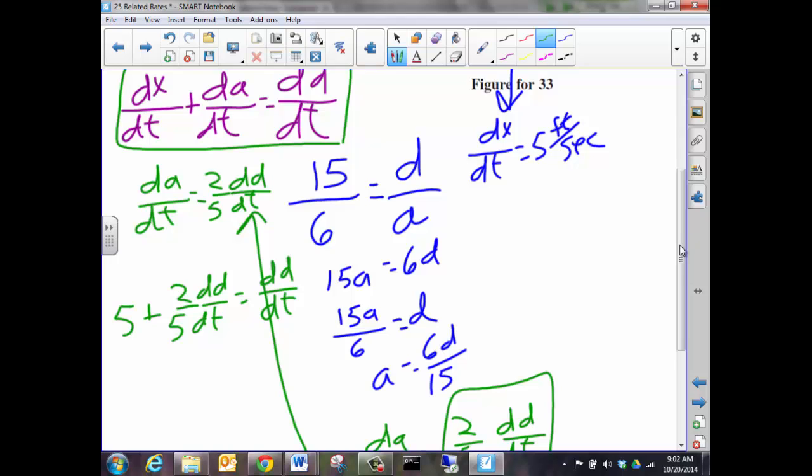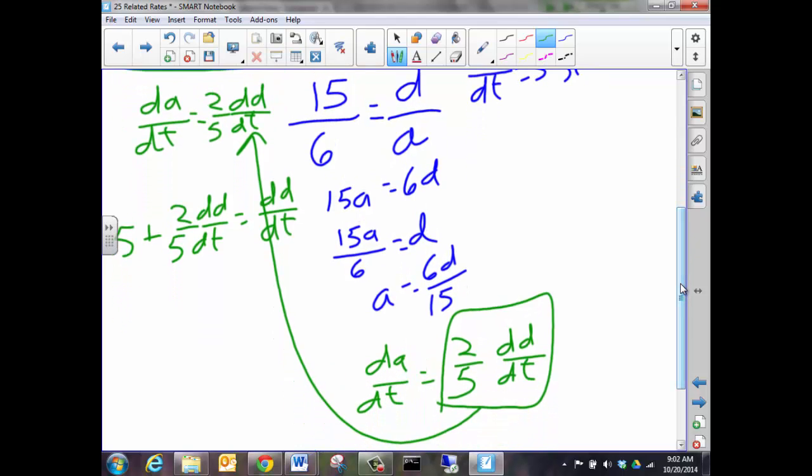Well, what can we do now? We've only got one variable, so it should be solvable. Okay, how are we going to solve it there? We're going to subtract 2/5 dD over dt from both sides.